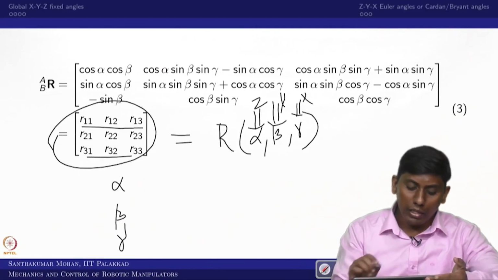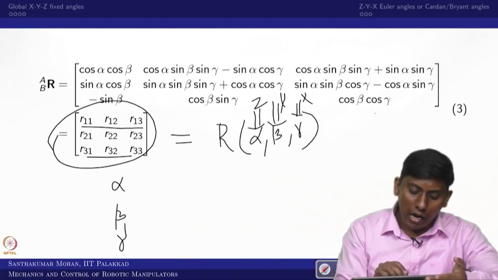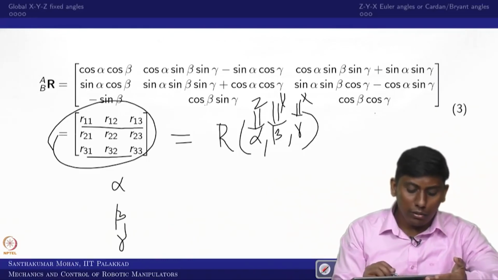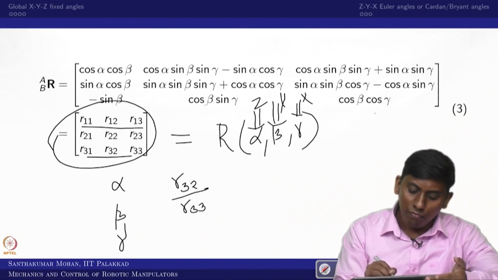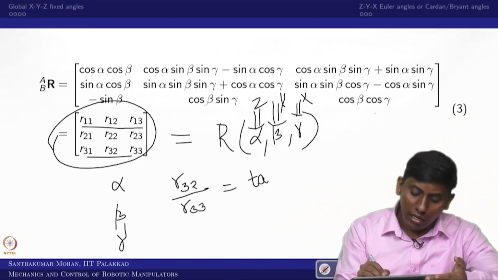For that we use this relation. If I take R32 and R33, then R32 divided by R33 gives tan gamma.